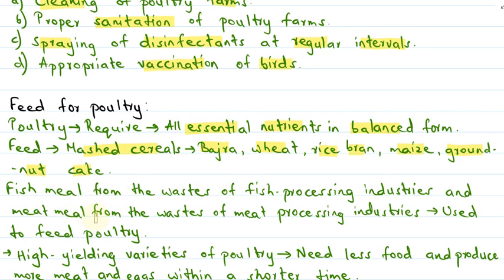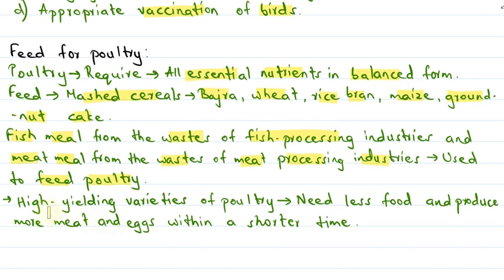Okay. So apart from these, packaged poultry feed is now available in the market, and this has increased the production of eggs. Then fish meal, that is obtained from the wastes of fish processing industries, as well as the meat meal obtained from the wastes of meat processing industries, can also be used for feeding the poultry.